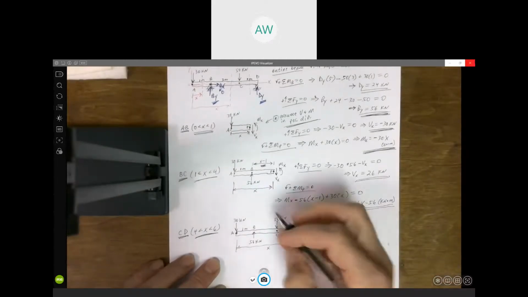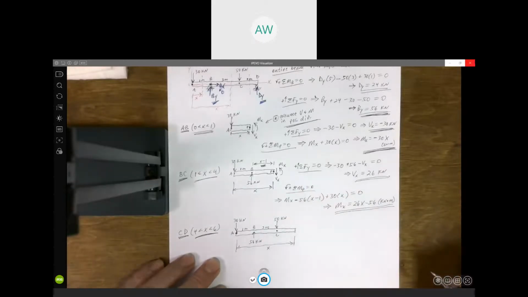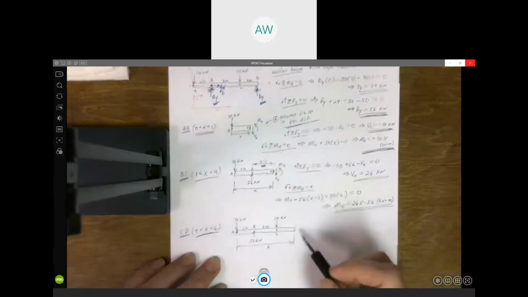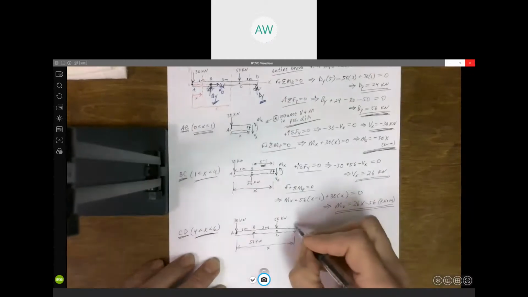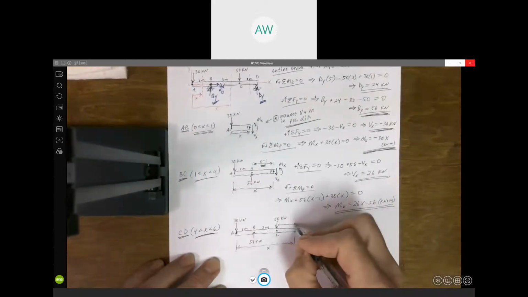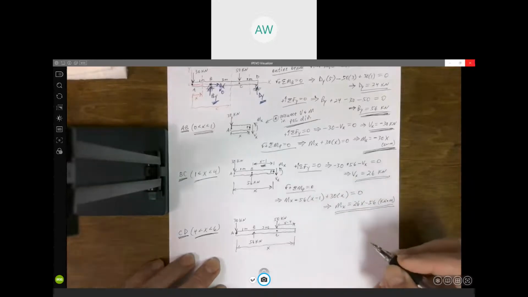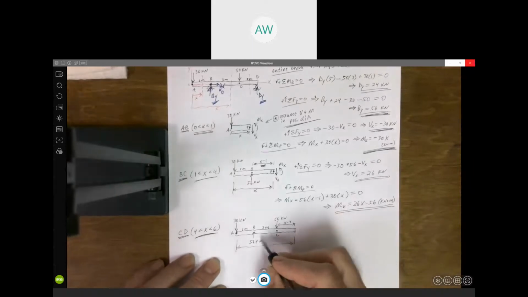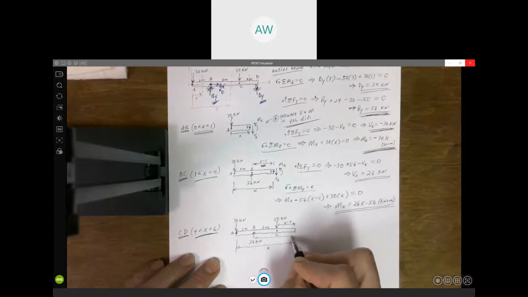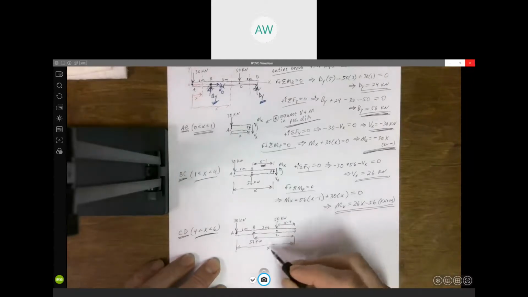Between B and C is 3 meters. So the distance from where we cut it to C, if this is x and that's 4, would be x minus 4. We're also going to need the distance from where we cut it to B, which would be x minus 1.